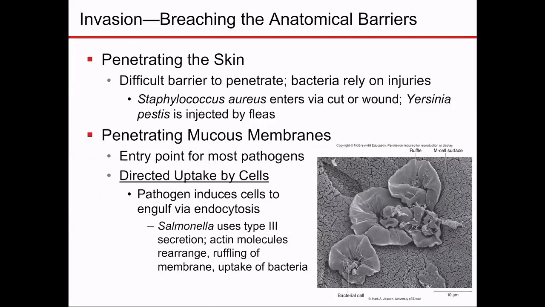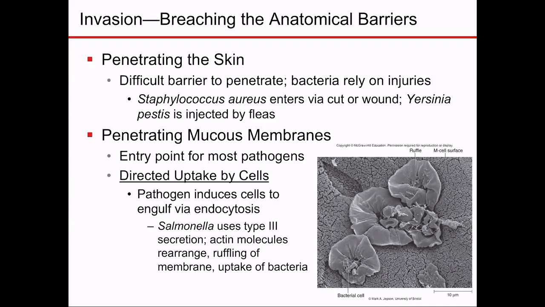Now, once the pathogen attached to the surface and starts the process of establishing the infection, some of them may need to cross some of the physical barriers in our body in order to find their final target. So these pathogens will bring different strategies in order to achieve that.